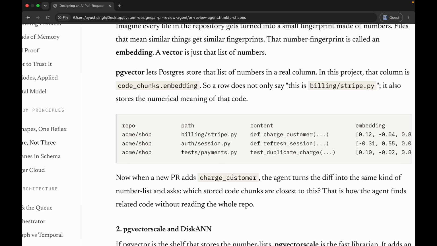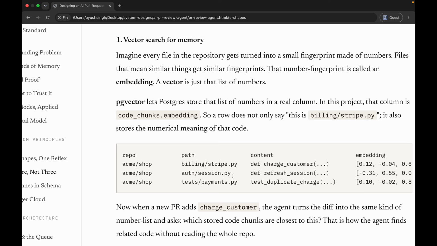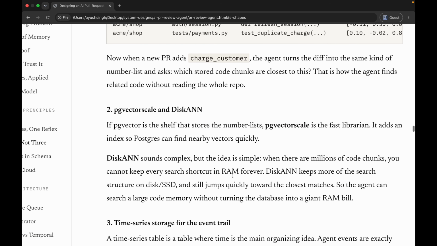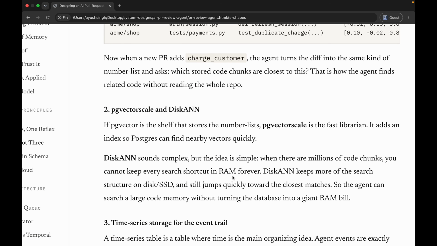Now, a lot of the time, your code files can come in millions and billions of embeddings if you're really working on a real database. So the point is, okay, how do we make it efficient? Beyond pgvector itself, we have pgvectorscale from Tiger Data, which is like a fast librarian. It can quickly give us the right set of embeddings right away.